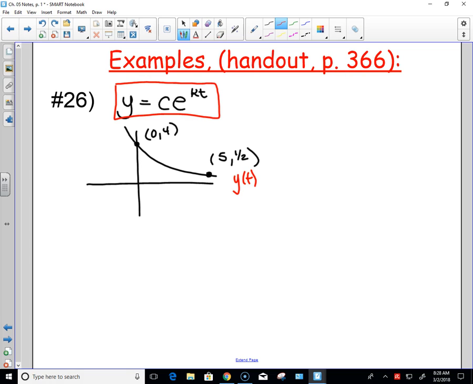Plug stuff in. So let's start with the first one, right? If we plug in 0, 4, then we would say 4 is equal to c e to the k times 0. What happens to anything to the 0? Always 1. So guess who is the value of the initial? Yeah. When t is 0, when time is 0, the 4 is seen in the c.